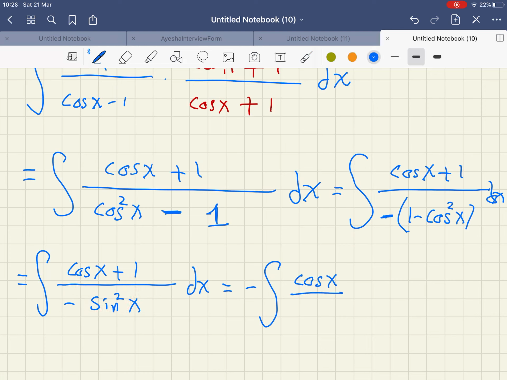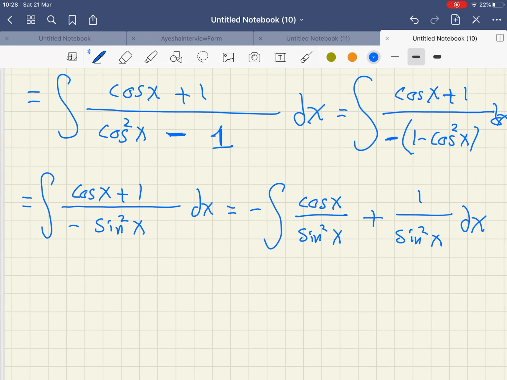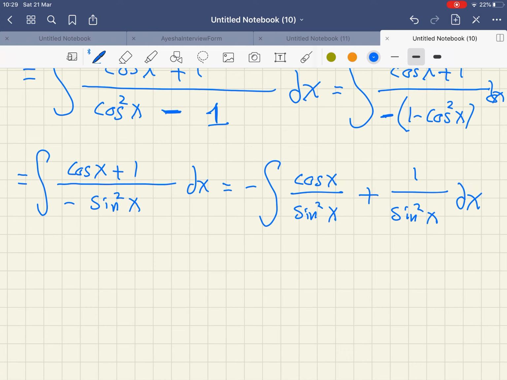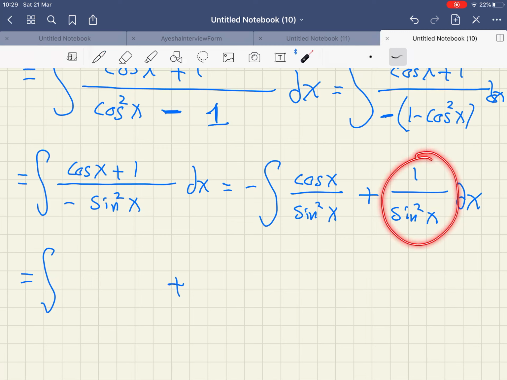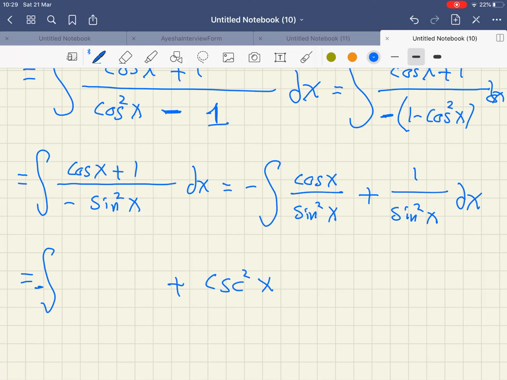We'll get cosine x over sine square x plus 1 over sine square x dx. I think now it's very simple, because let's see what will happen. 1 over sine square has a special name. We call it cosecant. So there's a negative here, cosecant square x dx.